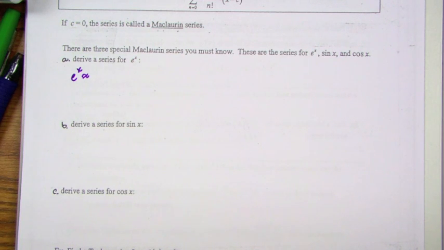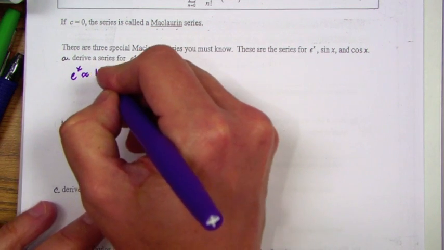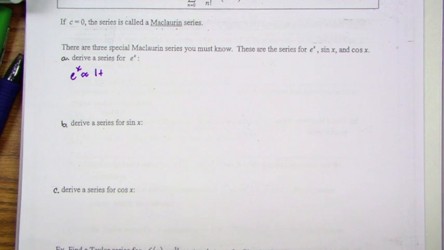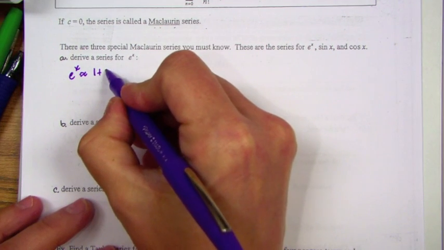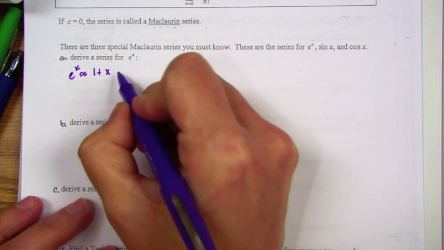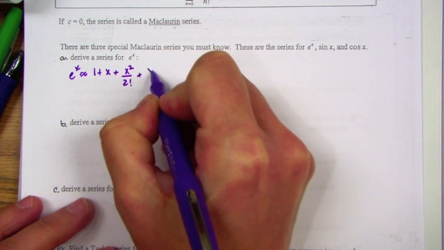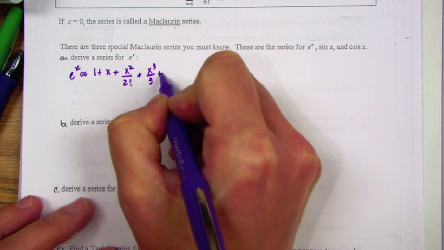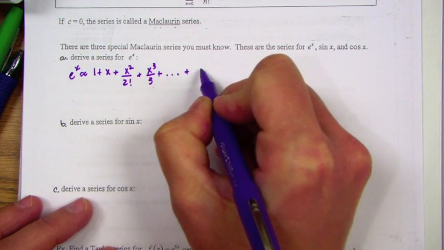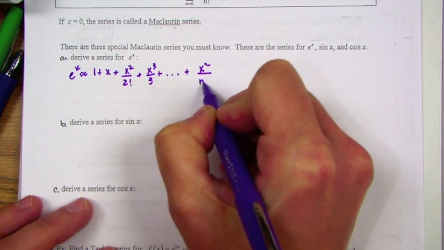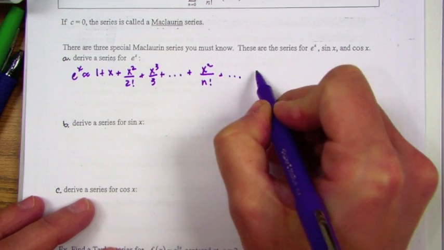So e to the 0 is 1, plus the derivative of it at 0, which is still 1. All of those derivatives are 1. So what's the next term? x. Just x. And then x squared over 2. And this would be x to the n over n factorial.